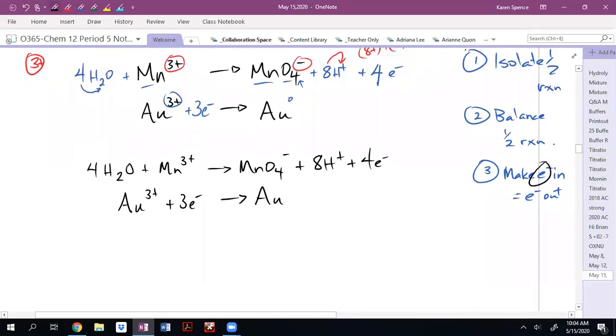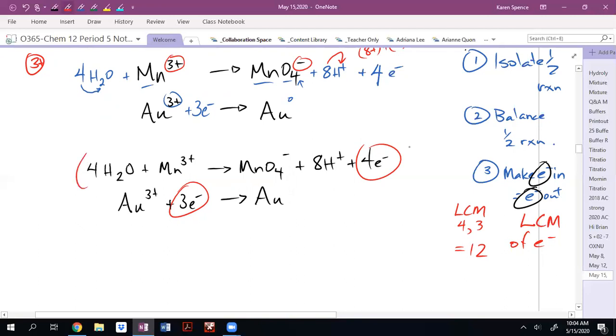We make the electrons in equal the electrons out by finding the lowest common multiple of the electrons. So we have a 4 and a 3, and the lowest common multiple of 4 and 3 is 12. The LCM of 4 and 3 is 12. Once we've found that, we take the whole half reaction and multiply it to give you 12 electrons.